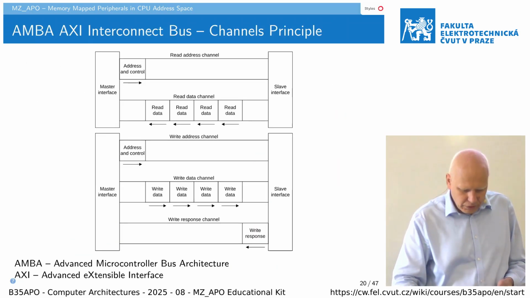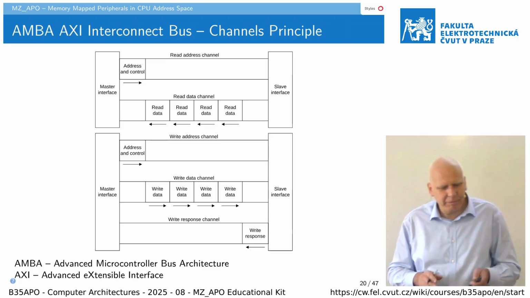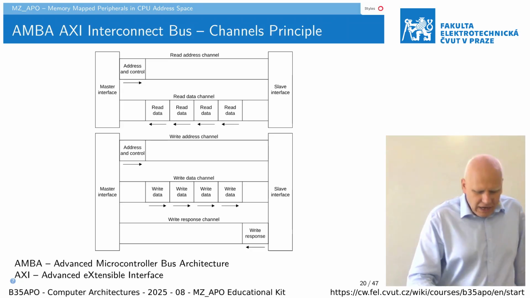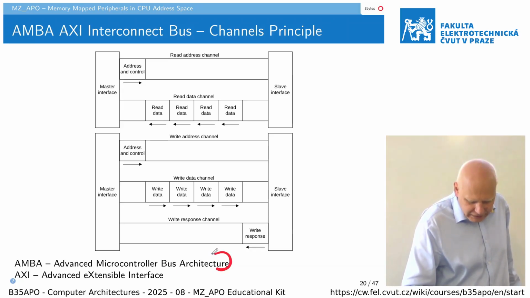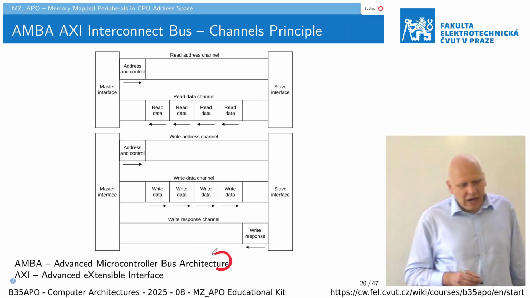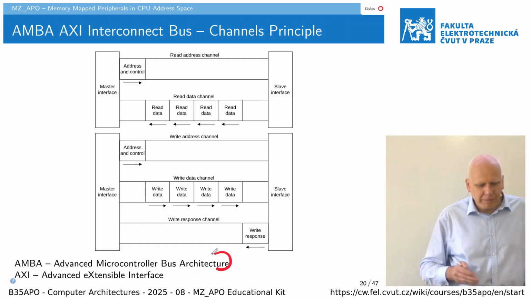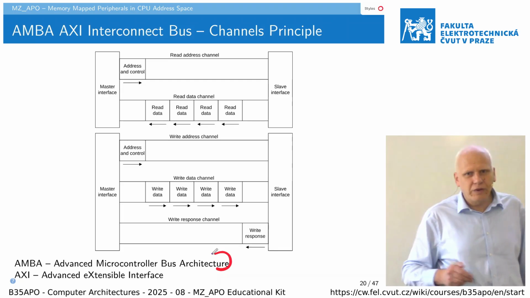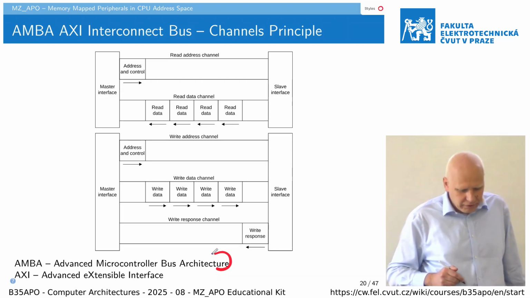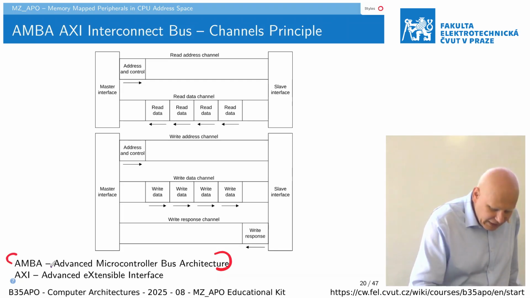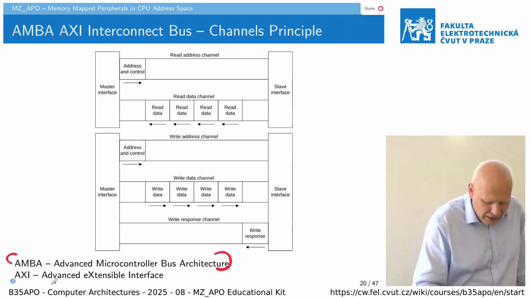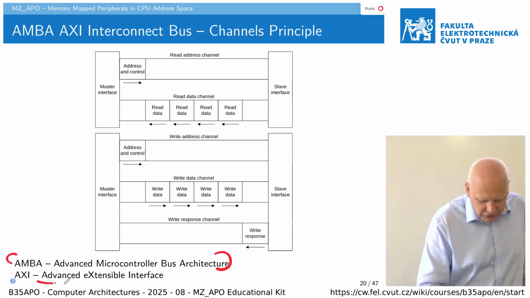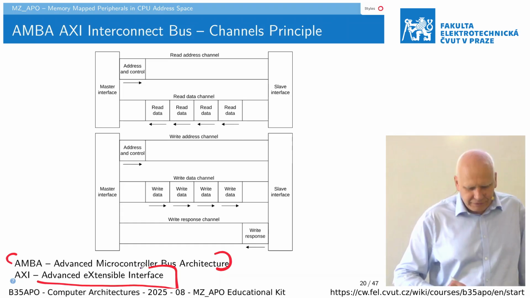If we look at the actual implementation of the Advanced Microcontroller Bus Architecture, which is the ARM development and standard interface that you find in your mobile phones and so on, we use there AXI 3 or AXI 4, the Advanced eXtensible Interface.